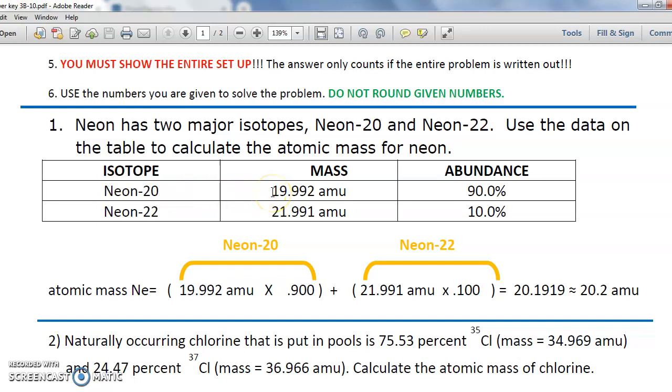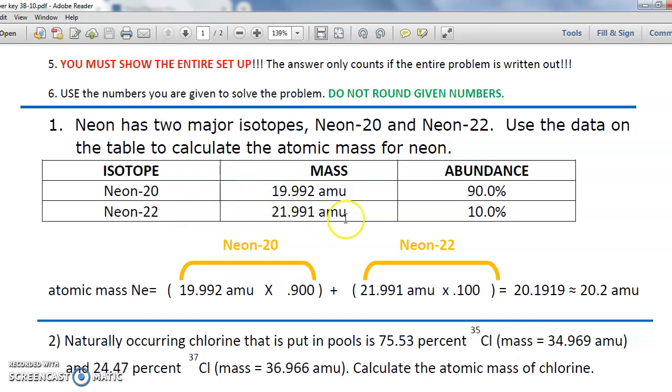It has 19.992. That is a result of something called mass defect, where some of the mass of the protons and neutrons is converted into the binding energy to hold that nucleus together. Einstein's famous formula, energy equals the mass, m, times the speed of light squared. Mass is related to energy.